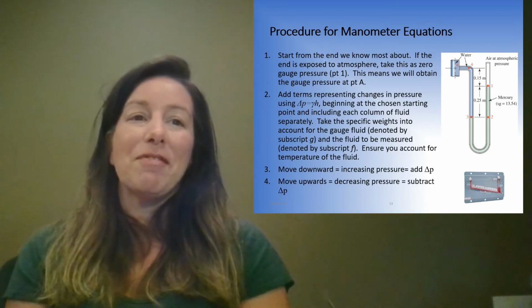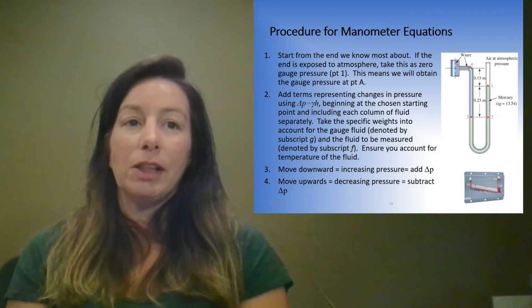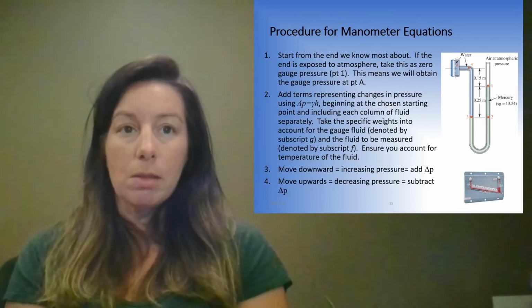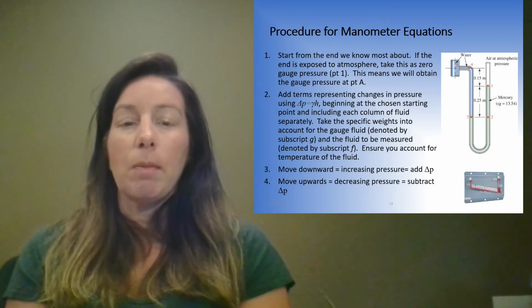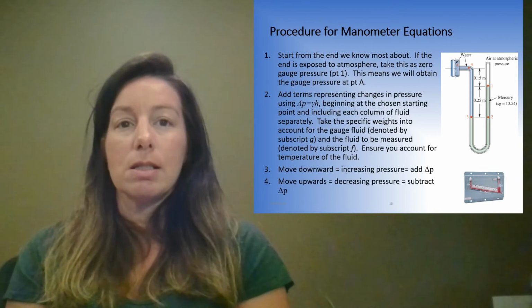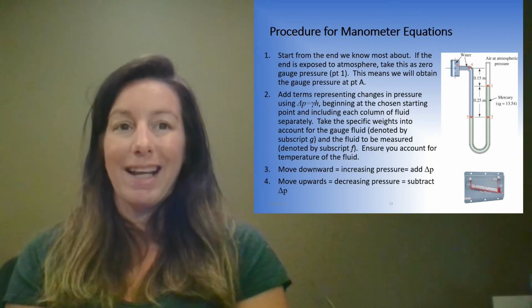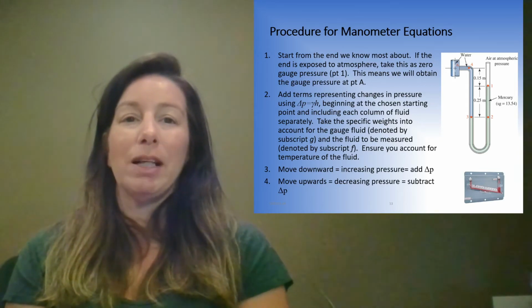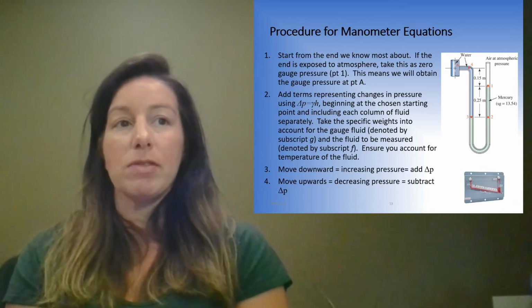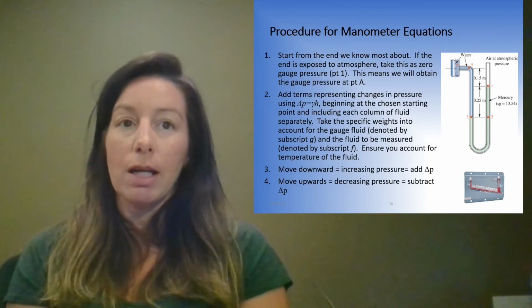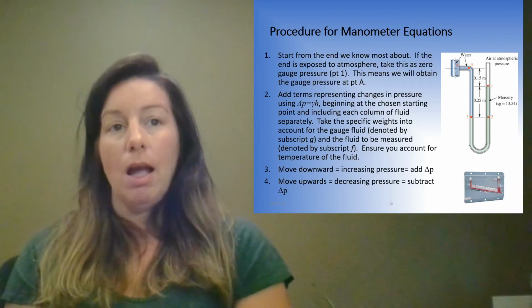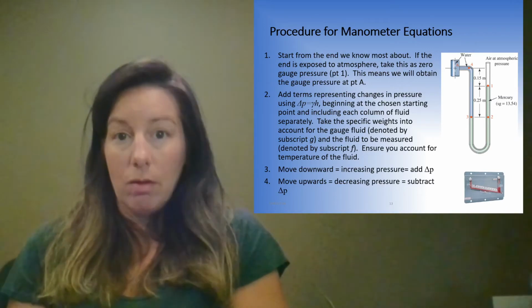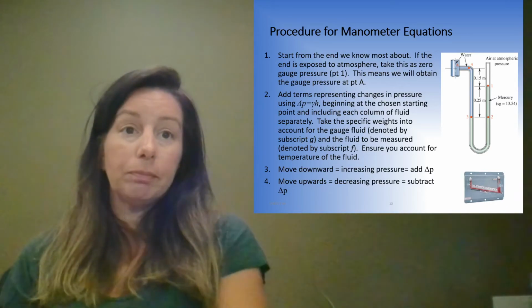You take the specific weights into account for the gauge fluid. Gauge fluid, remember, is the mercury, and it's denoted by a subscript G. We'll get into it again, don't worry. And the fluid to be measured is denoted as subscript F. So the gauge fluid was the mercury in this case, and the fluid to be measured for pressure is the water.